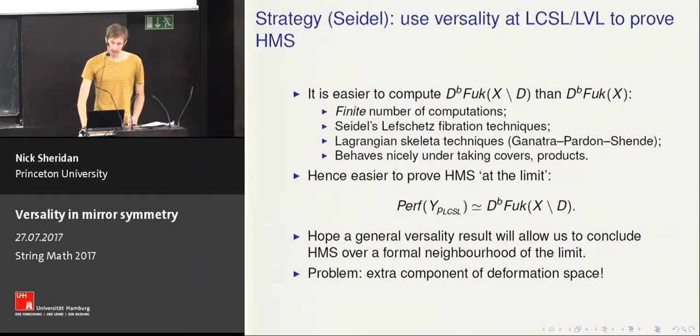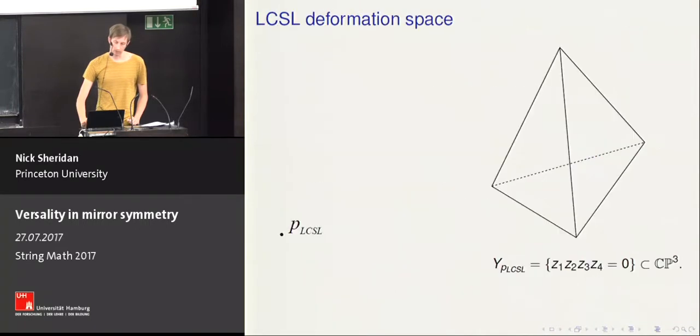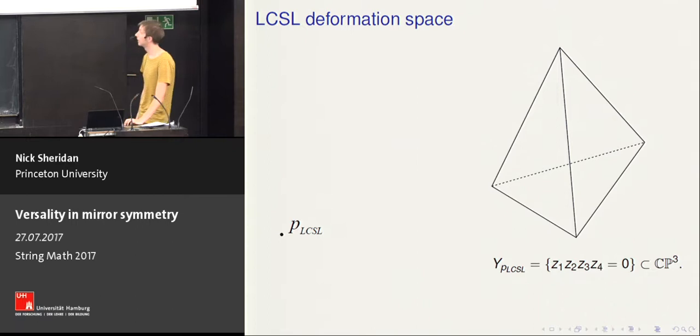Unfortunately, this space of deformations is not as simple at these points as it was in the example I mentioned before. So, first example of this, we can look at the large complex structure limit, the complex moduli space.